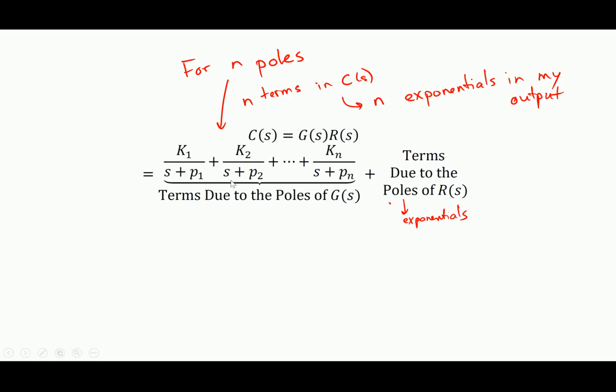So stability of the system is entirely controlled by the poles of the system. Key takeaway: stability of the system is always controlled by the poles of the system.